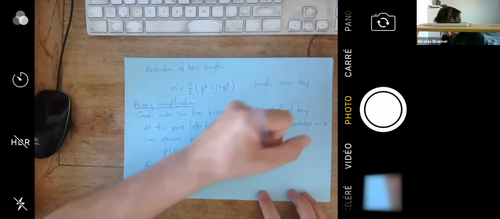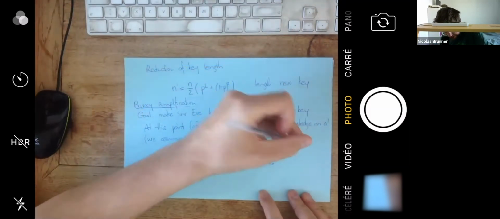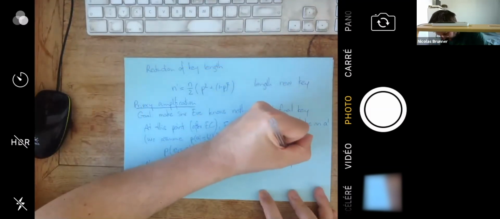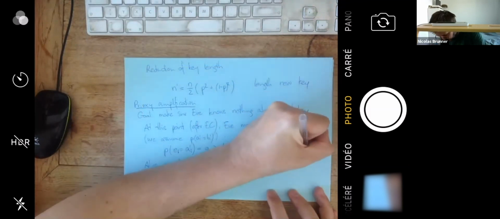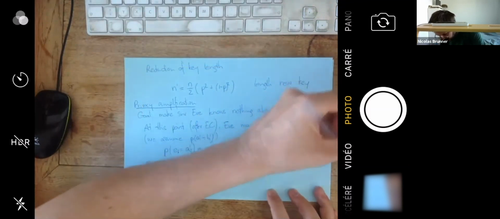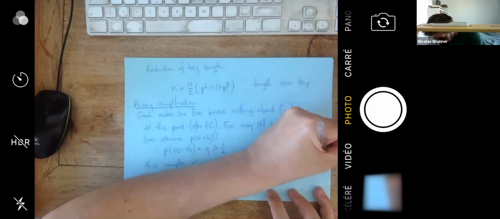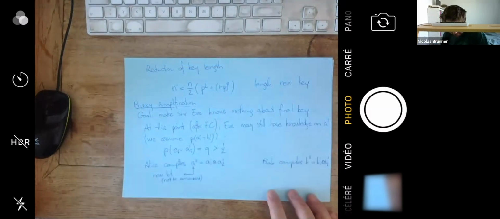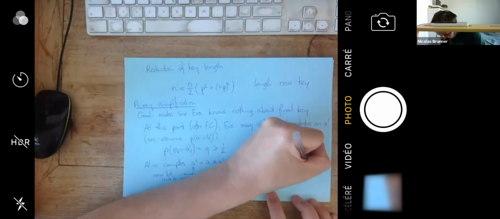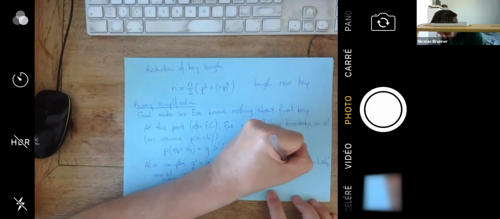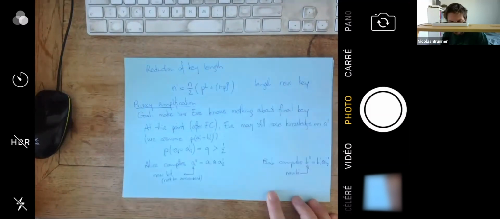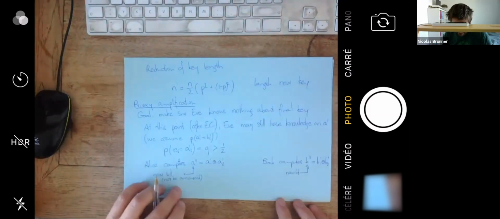Now, in his lab, Bob does the same. So Bob computes B double prime, which is B1 prime plus B2 prime. And this also defines the new bit. All right.